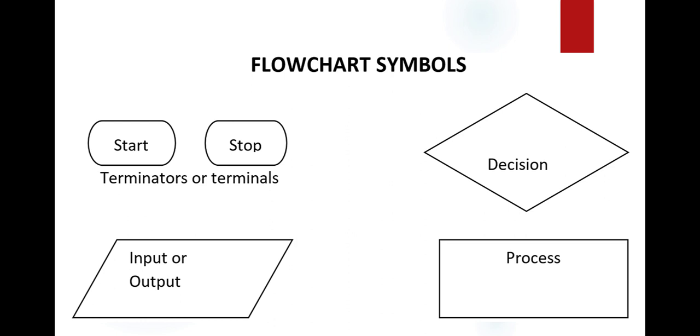We have the parallelogram, which denotes our input or output. So when expressing our algorithm using the flowchart, we use the parallelogram to denote our inputs and our outputs.